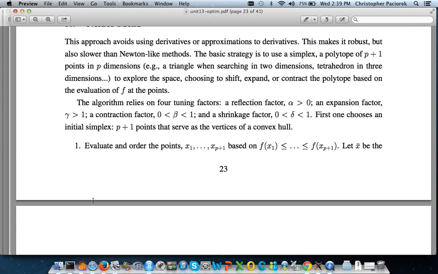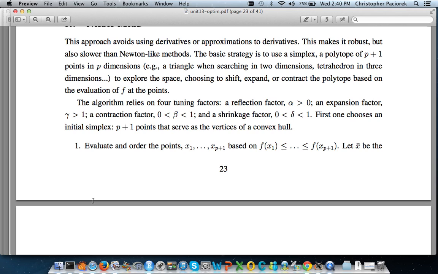Okay, so as usual, it's hard to think in high-dimensional spaces, so we're just going to think about doing this in 2 dimensions. In a p equals 2-dimensional space, I'm going to have 3 points, and they're going to make up a triangle in this space. So I'm going to come up with some starting values that form a triangle here, and I'm going to evaluate my function at each of these 3 points.